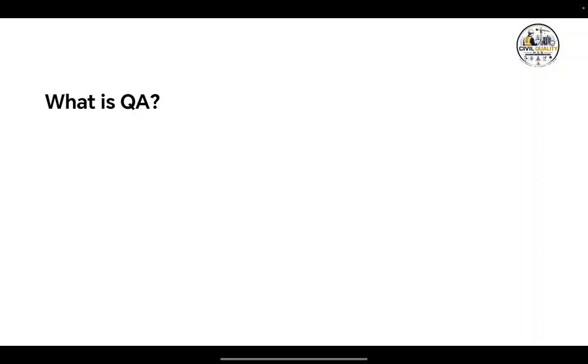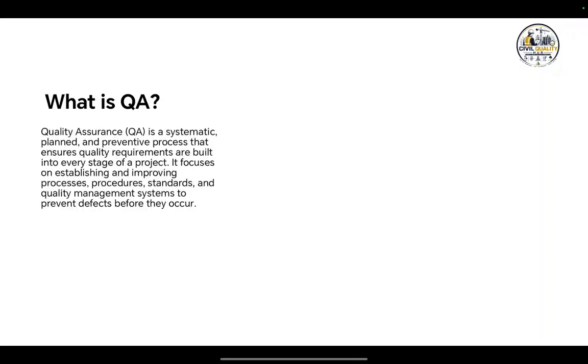So what is QA? I know many of the people are familiar with the full form, that is quality assurance. So let's begin. What is the definition over here? Quality assurance is a systematic, planned, and preventive process that ensures quality requirements are built into every stage of the project.